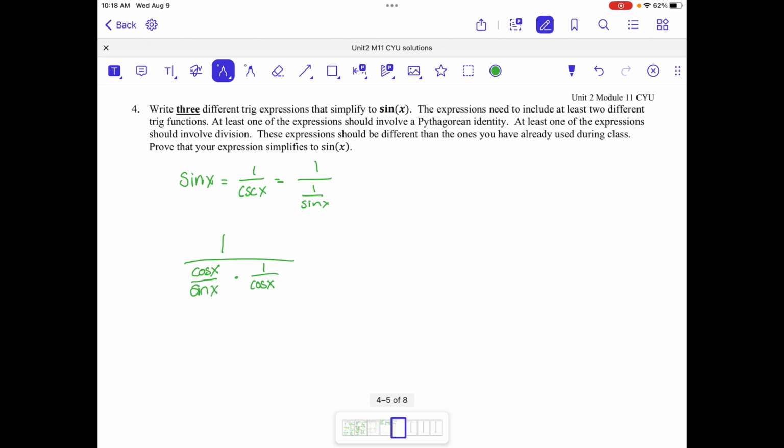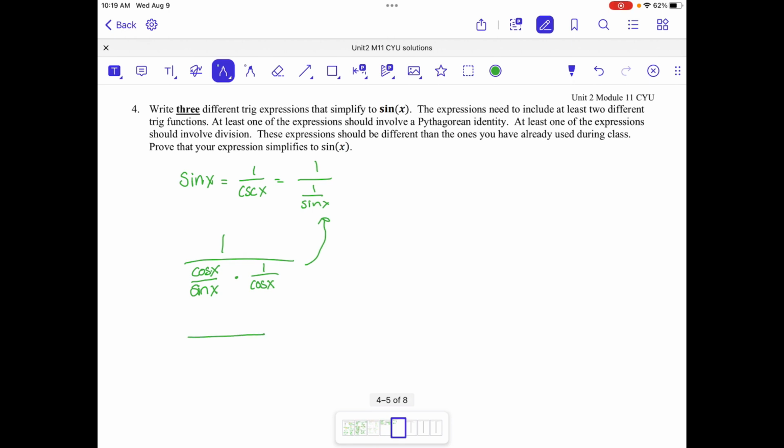So now if I look at these two pieces, I have cosine of x over sine of x times 1 over cosine of x. Those two cosines of x would simplify down to 1. And so I'd be left with 1 over sine of x in the denominator, which is what I pointed out above that I was looking for. Okay, so far so good.